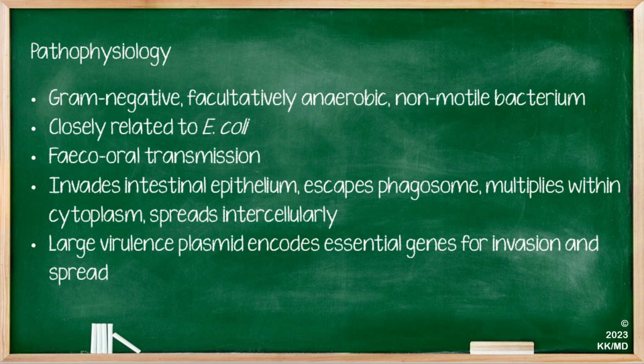It is transmitted through the fecal-oral route, and it can invade the intestinal epithelium, escaping phagosomes, and then multiplies within the cytoplasm and eventually spreads intracellularly. A large virulence plasmid encodes essential genes for invasion and spread, which is how it can potentially cause severe disease.